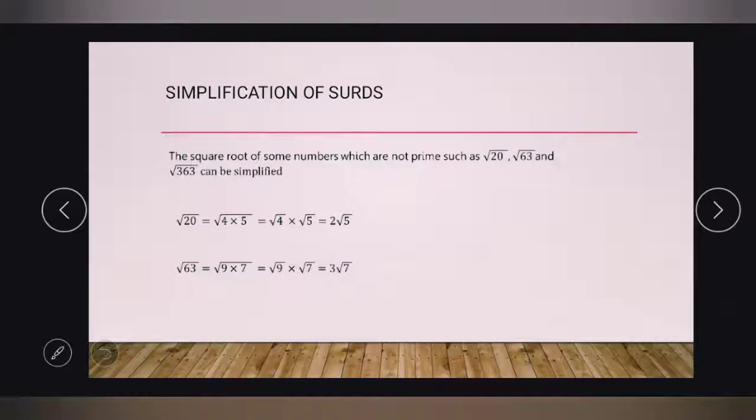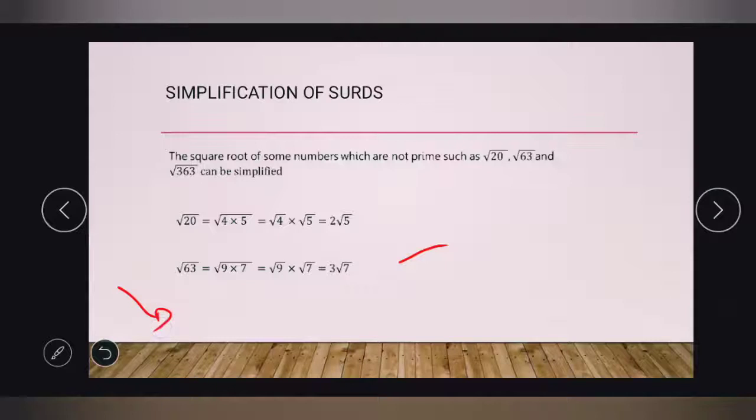The second example, the square root of 63 equals the square root of 9 times 7 equals the square root of 9 times the square root of 7 equals 3 the square root of 7.